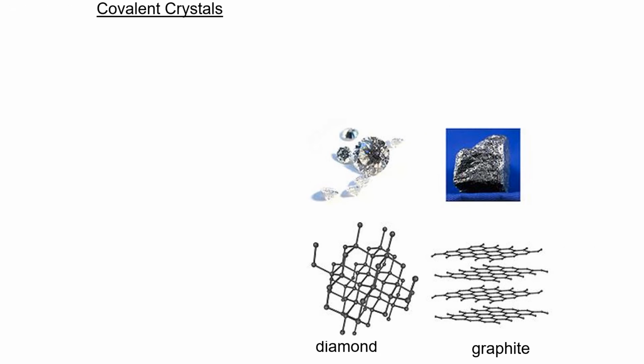Covalent crystals then are sometimes called network covalent crystals. These are crystals that are formed by elements or atoms of a particular element.